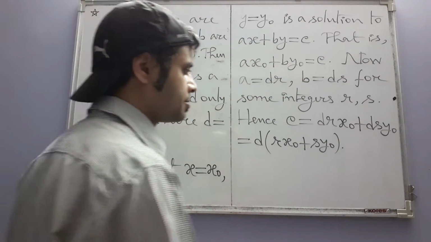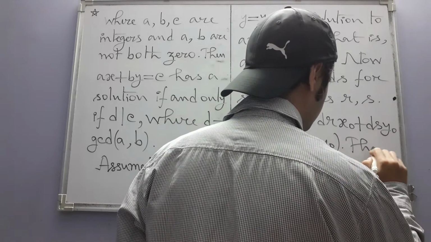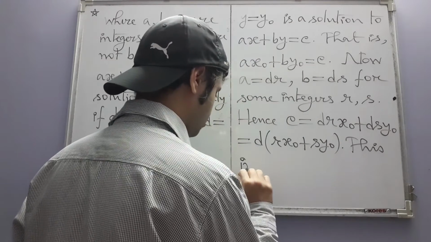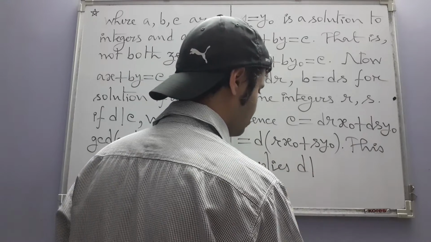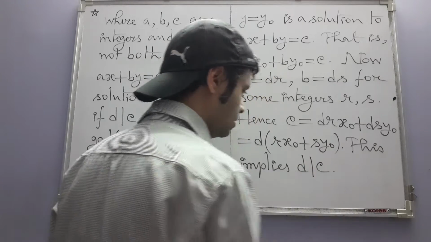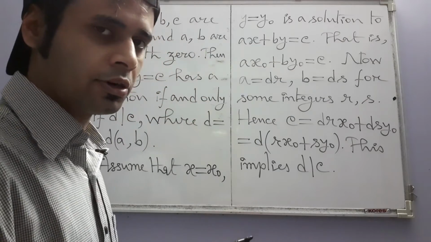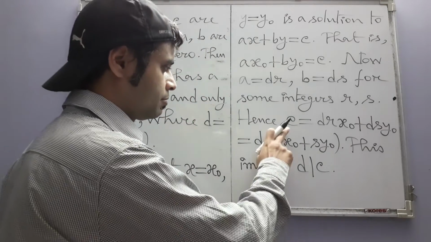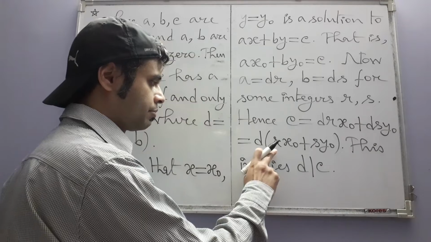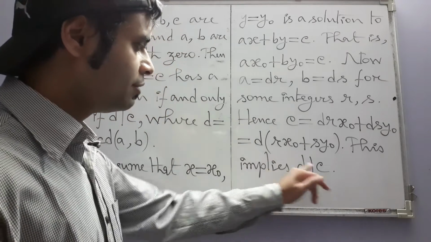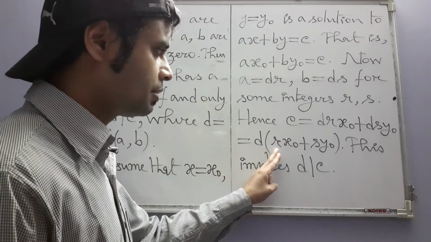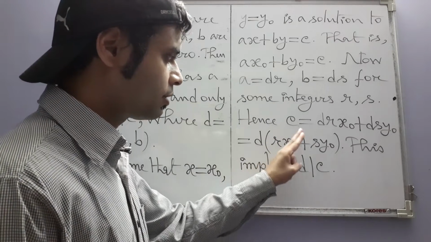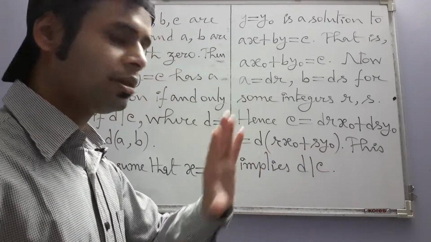This implies d divides c. But hold on, not so fast. How? The reason d divides c is because there are two things to note here. One is that r, x naught, s, y naught, these are all integers.